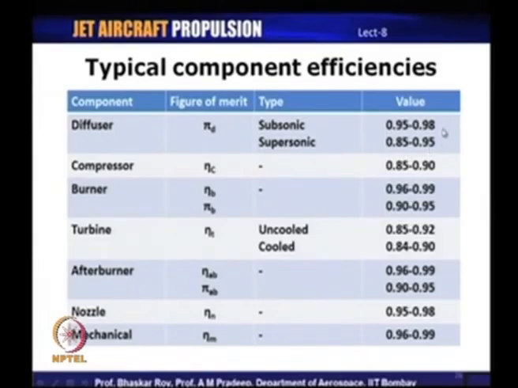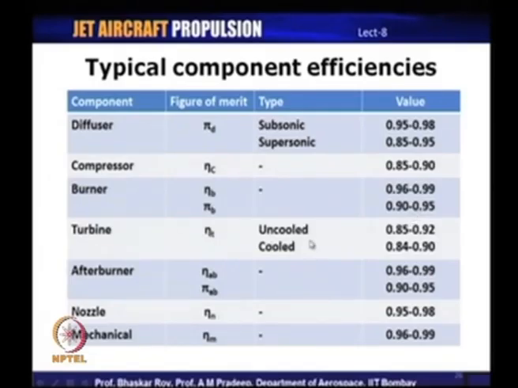The isentropic efficiency of a compressor typically varies between 0.85 and 0.9. Combustion efficiencies are usually very high, varying from 0.96 to 0.99. Burner pressure loss factor can vary from 0.9 to 0.95 depending upon the nature of the combustion chamber.